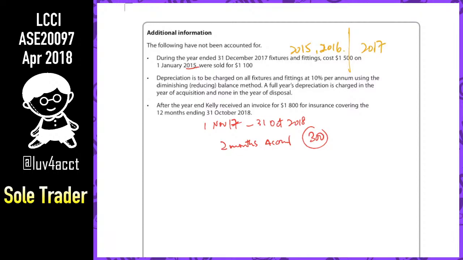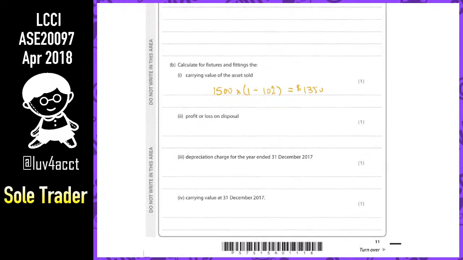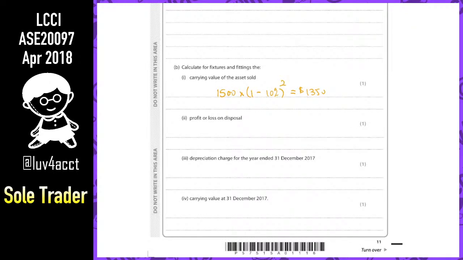So 2 years depreciation. Sorry for mixing up. So 2 square here, so 1500 will give 1215. Disposal loss: it is sold for 1100 minus 1215, that is a disposal loss of 115.